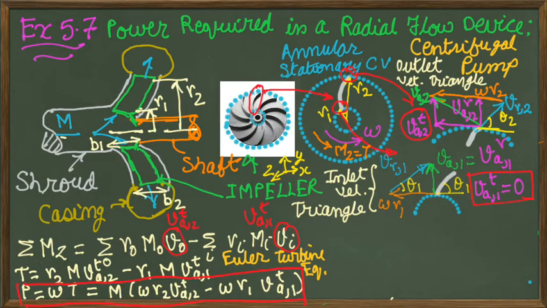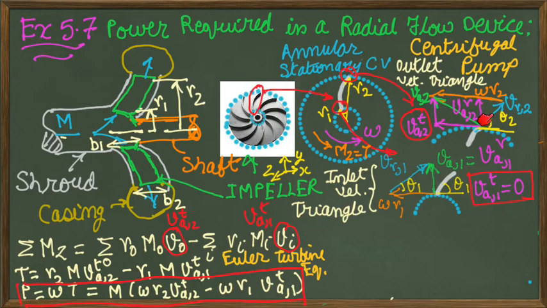So let us focus our attention on this outlet velocity triangle, where we want to obtain Va2t. To obtain Va2t, we can consider omega R2 minus Vr2 cos theta 2.